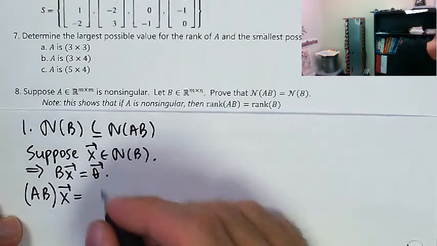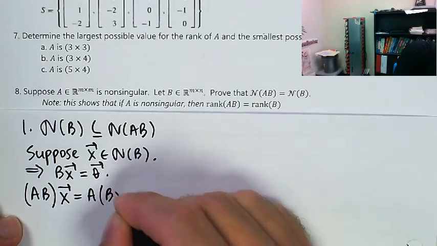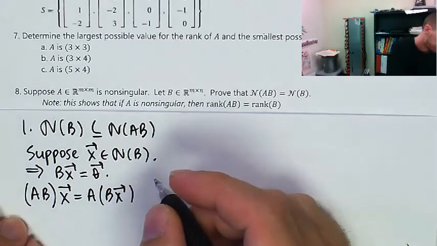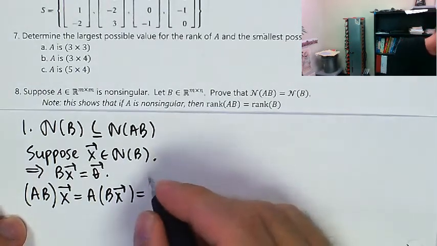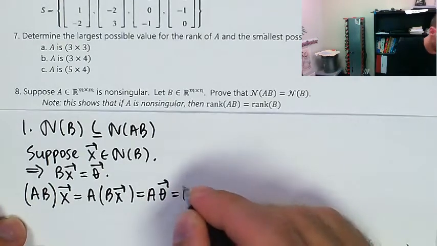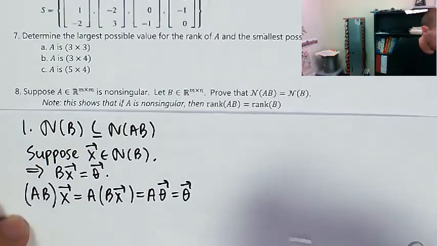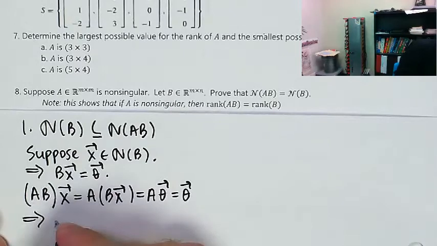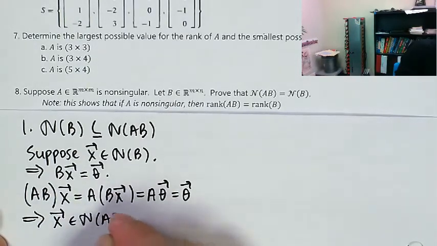It does not commute. So that's A times Bx, and that's equal to A times the 0 vector, which is the 0 vector, which means that x is in the null space of AB.